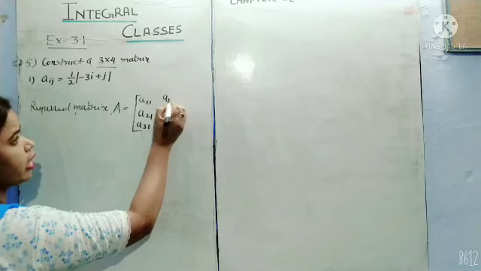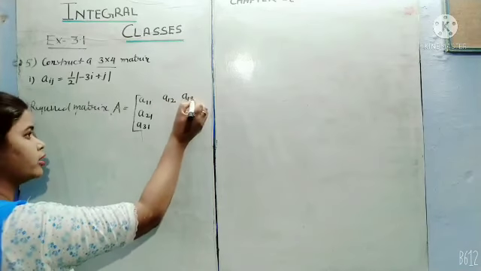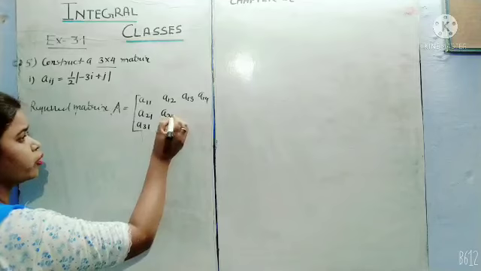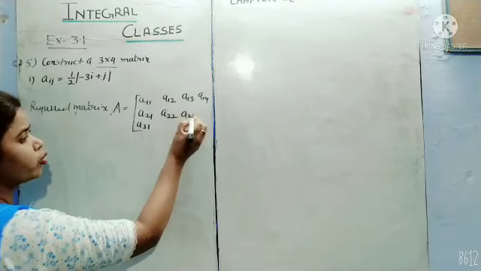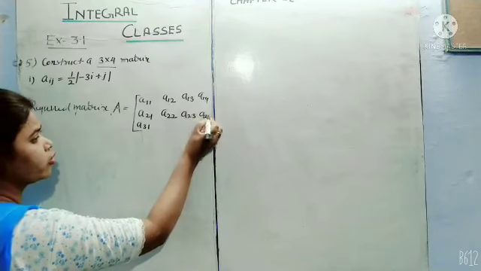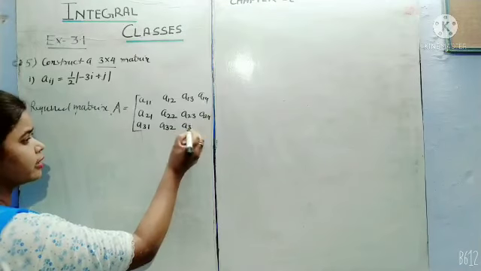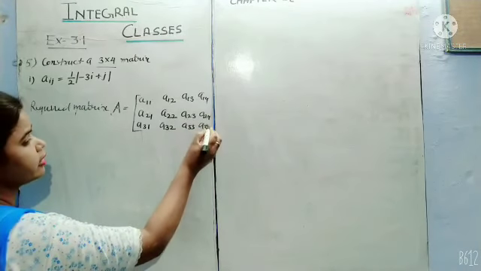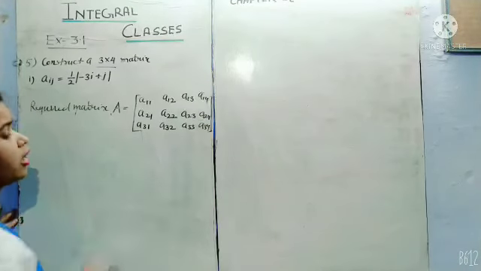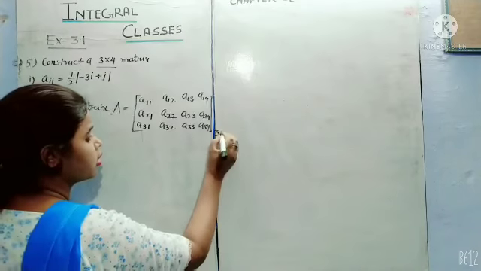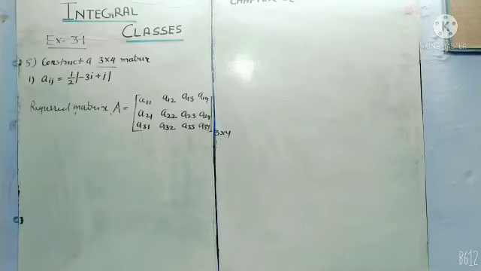So A11, A12, A13, A14. Similarly, A22, A23, A24, A32, A33, A34. So it is the required matrix of 3 cross 4 order.